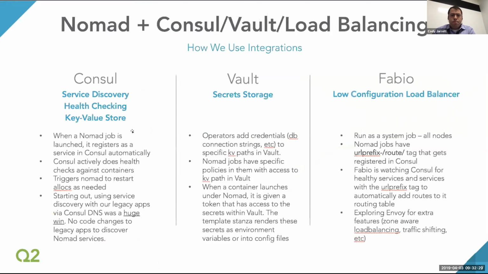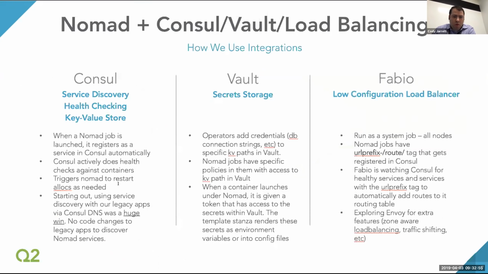Some of the ways we use Nomad is we use the integrations with Consul. With Consul we use it for a lot of service discovery, and of course health checking to check the health of containers and potentially restart containers as they become unhealthy.